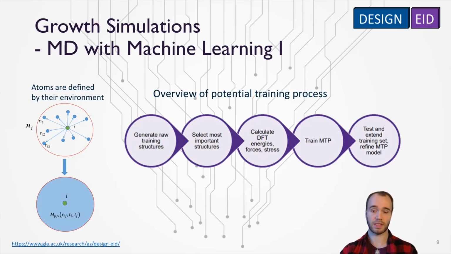Finally, the potential is tested against an independent validation set, and if need be, more structures are generated to refine the potential. The good thing about this method is that it is iteratively improvable, and it is possible to get DFT accuracy using the much less resource expensive molecular dynamics method.